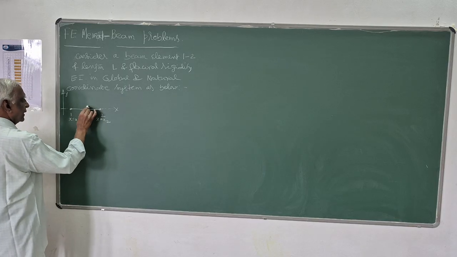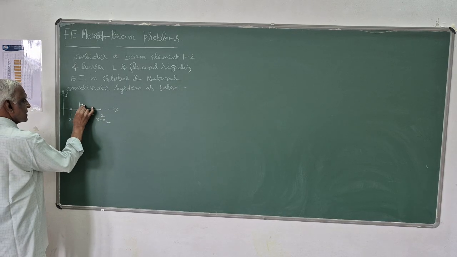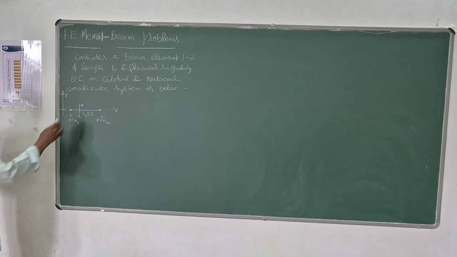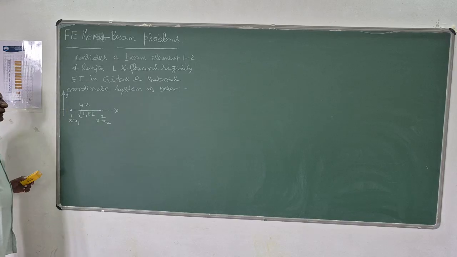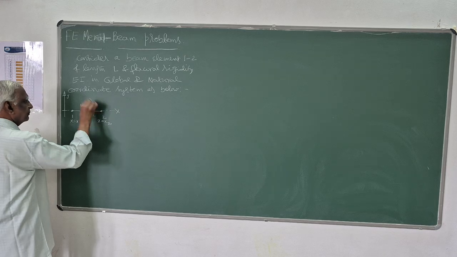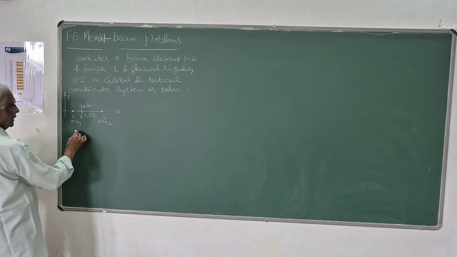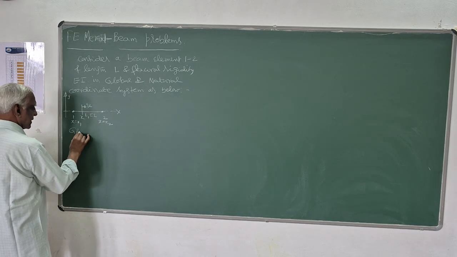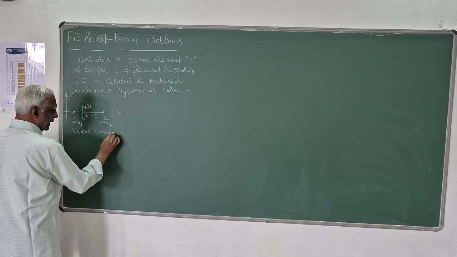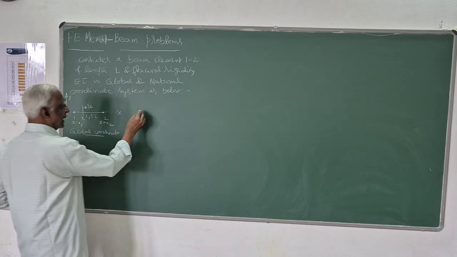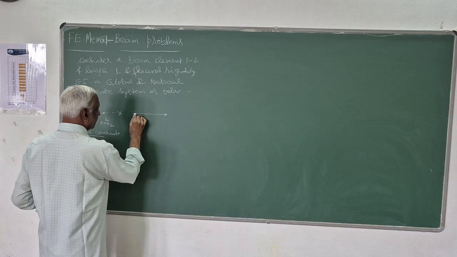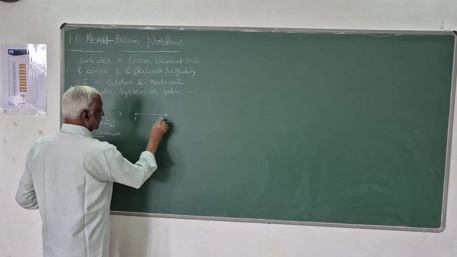So any point has coordinate x, and the displacement is v at any point. This is the beam element in the global coordinate system. In the natural coordinate system, the same element is represented in this fashion.